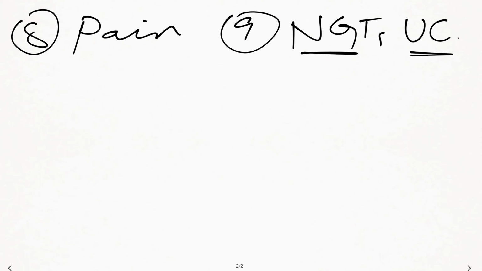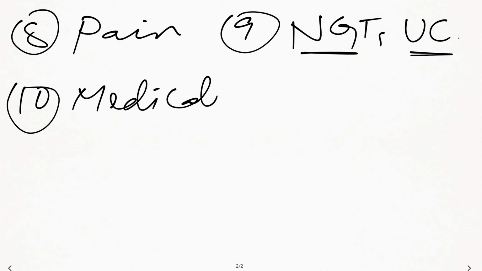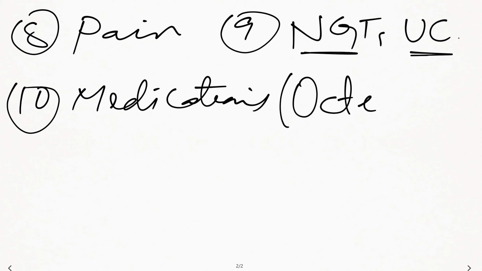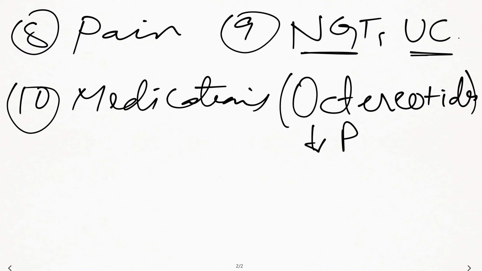You may start to give some medications. Some give octreotide, and please remember this. Octreotide is a somatostatin analog. This will decrease the pancreatic secretions.